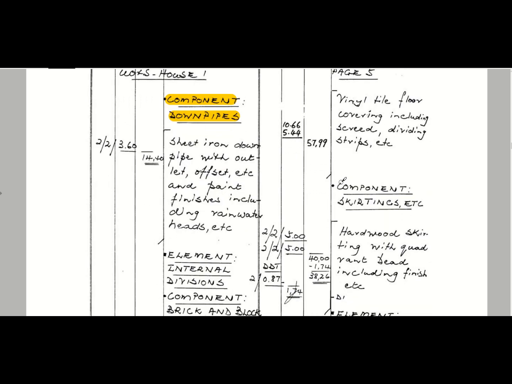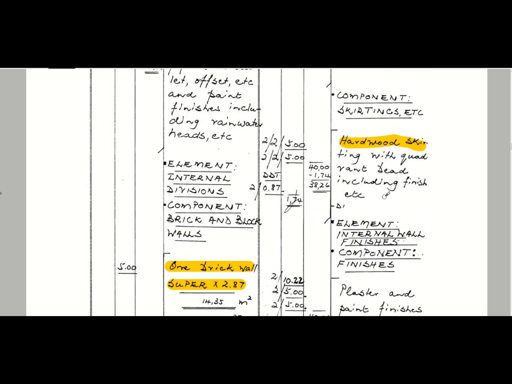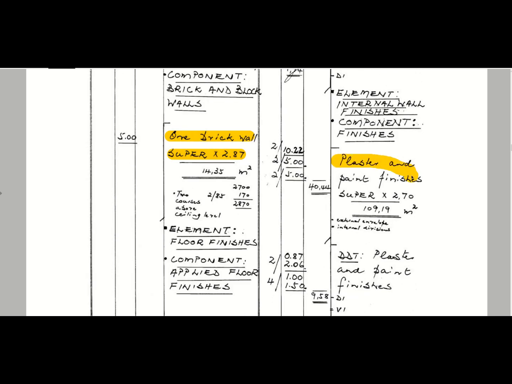I'll get into the guideline just now. So if you just use the guideline to tick off all of your items that you need to measure, then you will do the same that's been done in the example. You can see we've got vinyl tile, floor tiles, skirtings, elemental internal wall finishes, plaster and paint finishes.